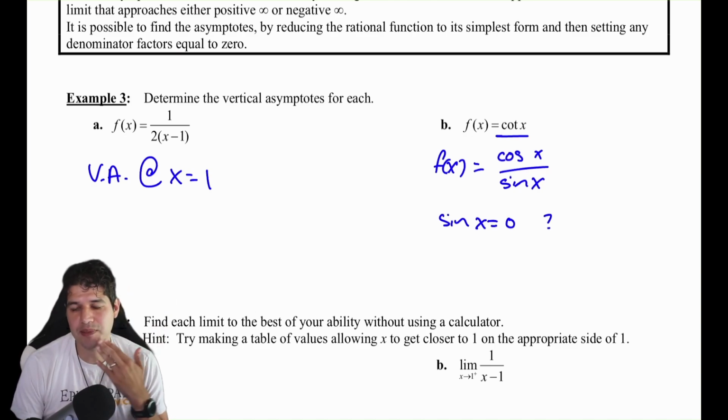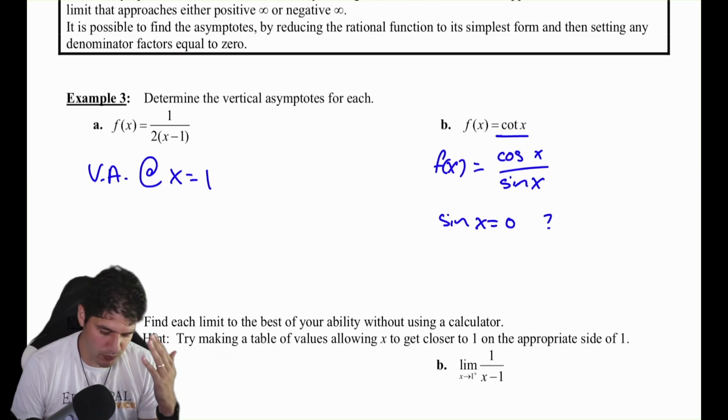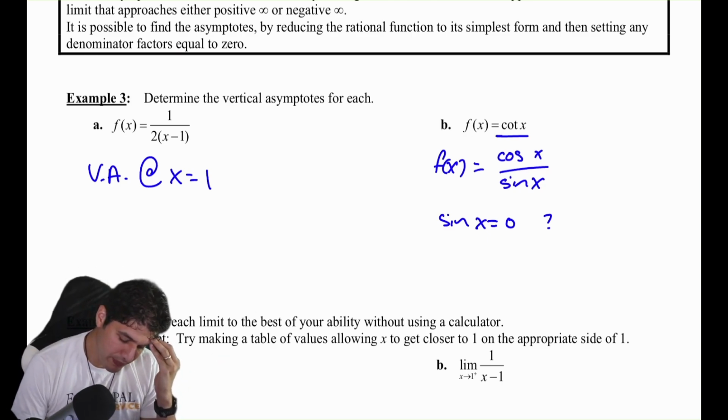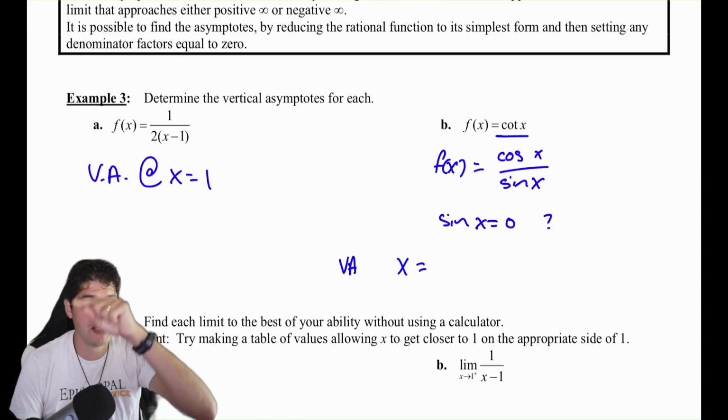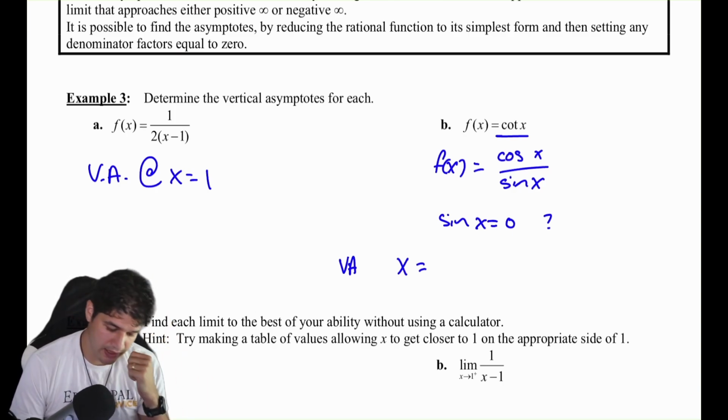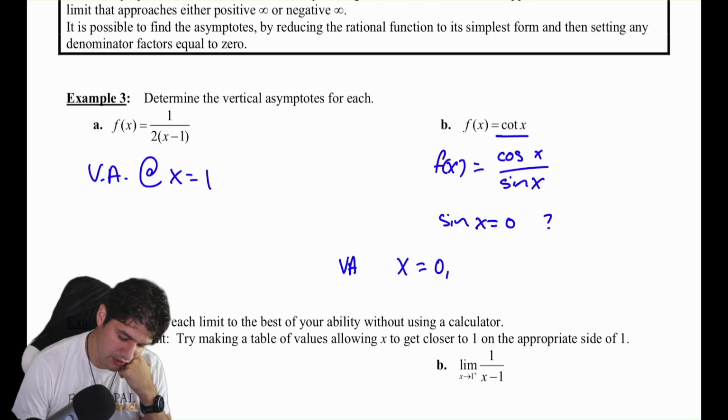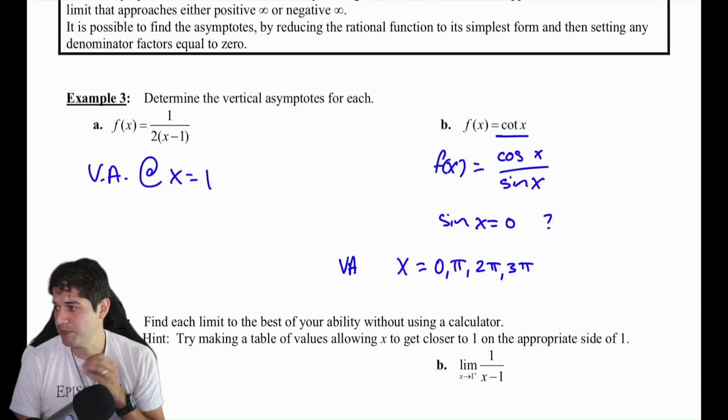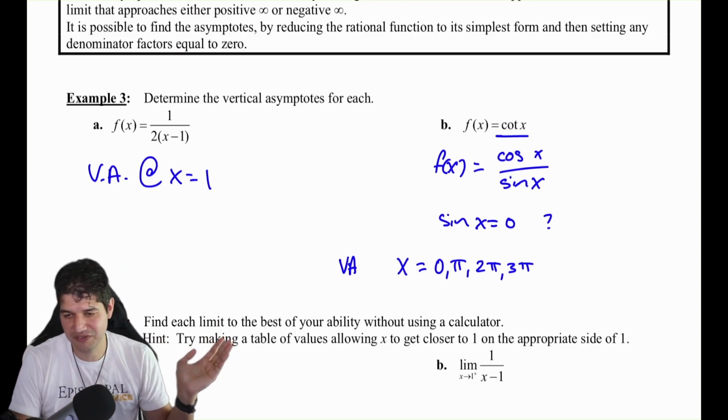You can be thinking about arcsine or however you want to be thinking about this, but it's whenever we get these vertical asymptotes at x equal to, let's just think about our unit circle. So that is going to be 0, that is going to be pi, that's going to be 2 pi, 3 pi, so on and so forth, from positive infinity to negative infinity pi.